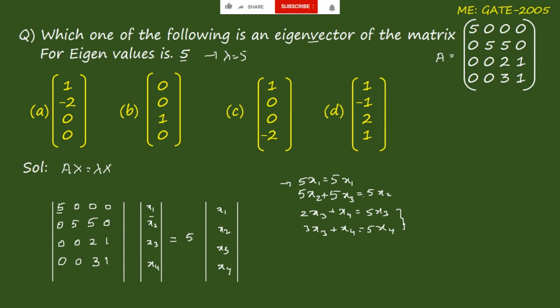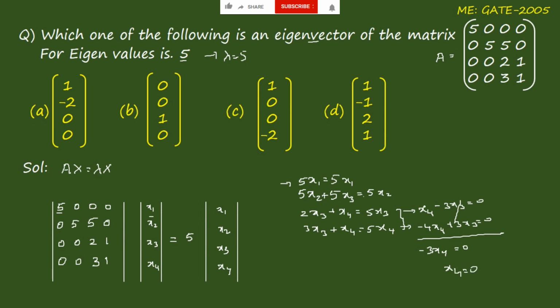First we'll solve these two terms, as we have x3 and x4 common in these two equations. So we get x4 minus 3 times x3 is equal to 0, the first one. And the next one, we get minus 4x4 plus 3x3 is equal to 0. Just add them, right? So it becomes minus 3x4, and these two get cancelled, is equal to 0.